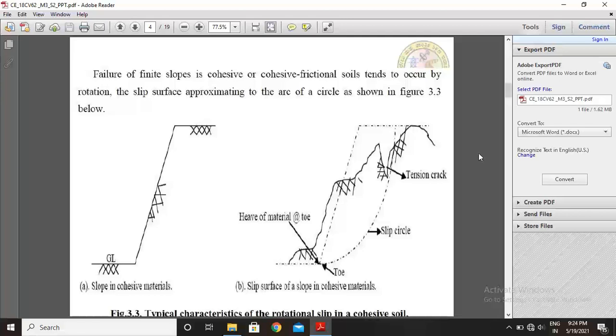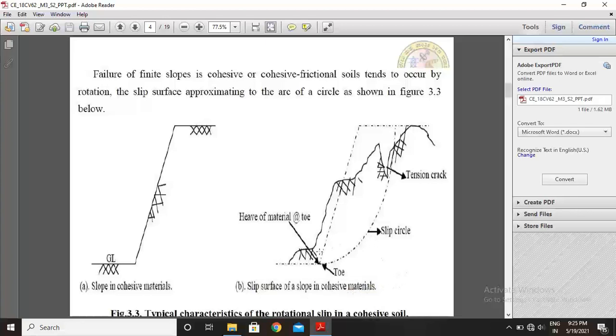This slide explains in detail the typical characteristics of the rotational slip in cohesive soils. See this sketch. This is the slope structure, this is the ground level, this is the height of the embankment and this is the top width of the embankment. So this structure is constructed as a slope in cohesive materials, and this is the slip surface of a slope in cohesive materials.